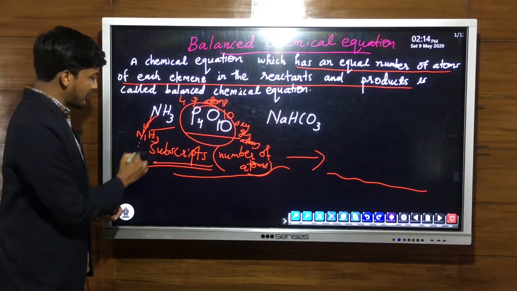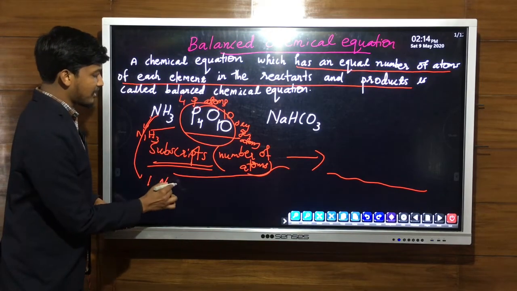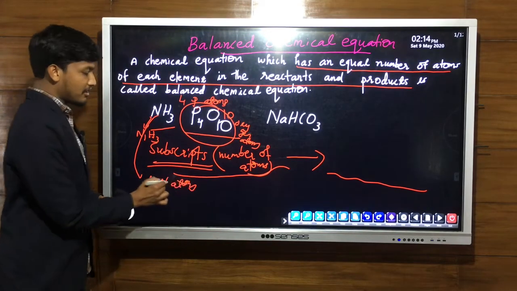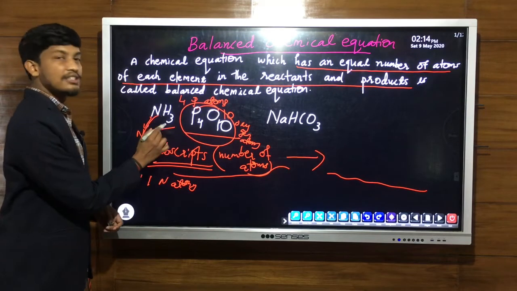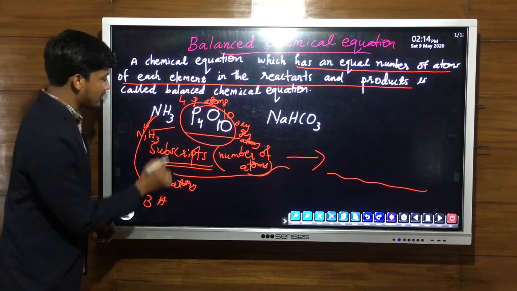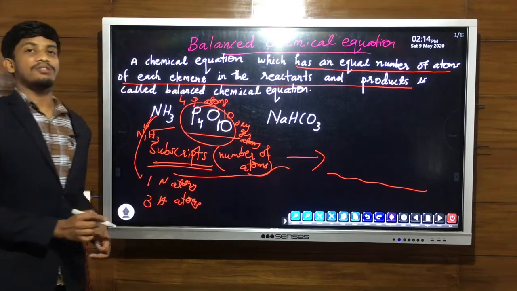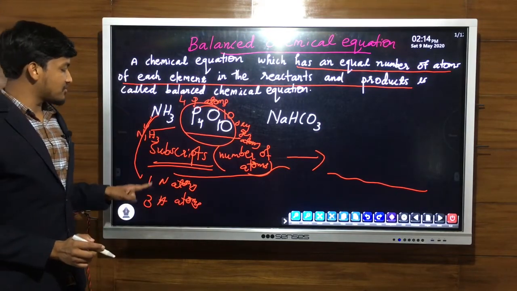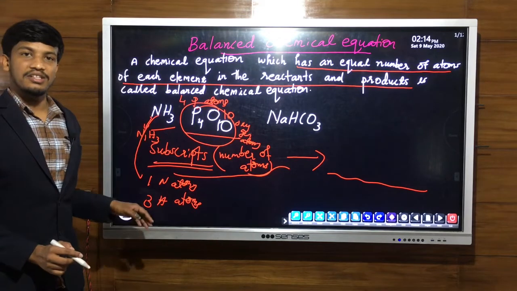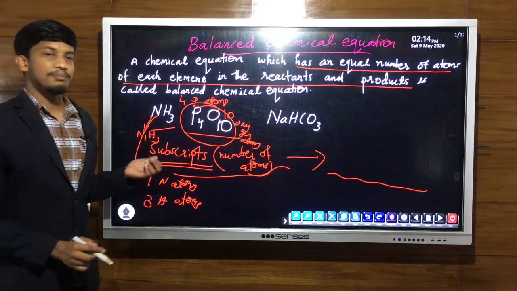So in NH3, there is 1 nitrogen atom, N means nitrogen, and 3 hydrogen atoms, because capital letter H means which element? Hydrogen. So in NH3, 1 nitrogen atom and 3 hydrogen atoms. Like this we can count the number of atoms.